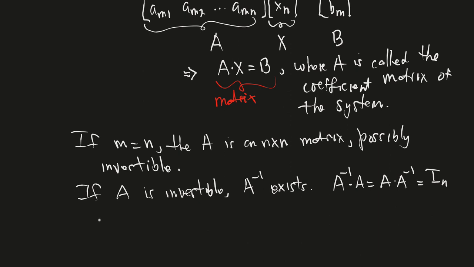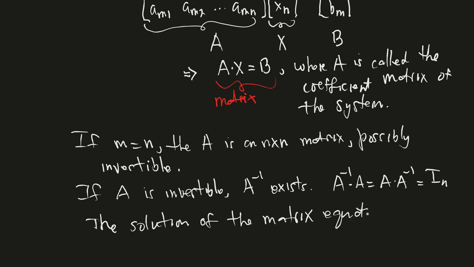So the solution, and remember what we're solving for is, again, we're solving for all those variables, but now we're just collecting them and calling them one single matrix. So the solution of the matrix equation looks like this. So let's write it down.